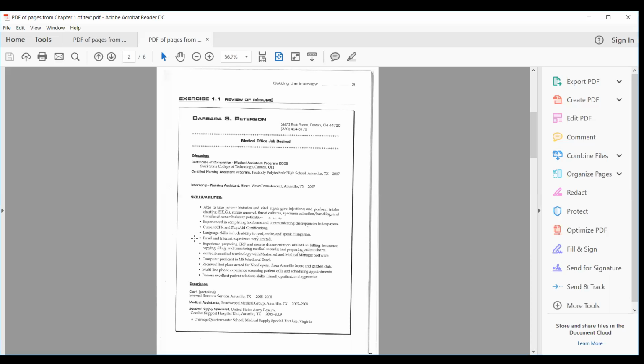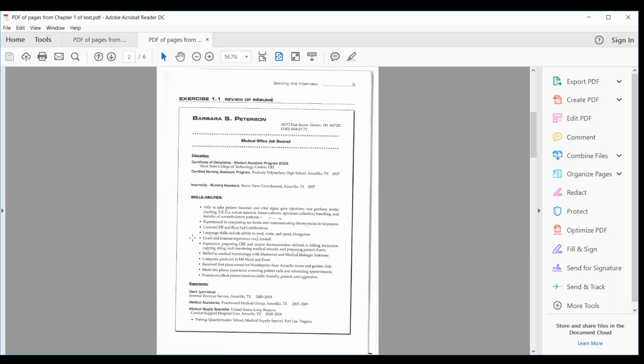Email and internet experience very limited. That is not going to be useful. Rather than say that, I would take it out. And quite frankly, working in any sort of job these days, you do need to have email and internet experience.